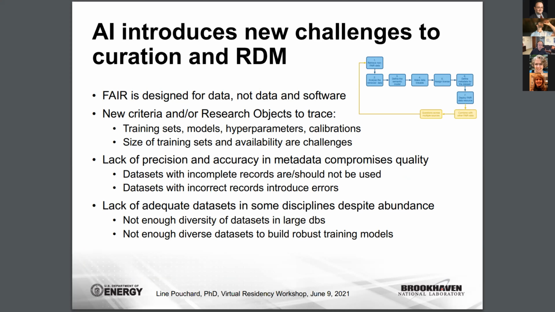So you have large databases that are very well documented and that are provided to the scientists to use, but they only contain a very specific type of data, and that is not sufficient sometimes for coming up with robust artificial intelligence results.